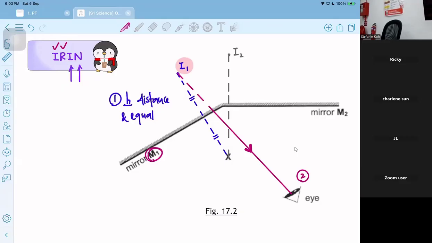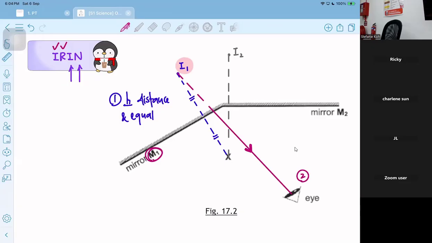It must hit mirror 1 first. It has to hit mirror 1 and reflect out into your eyes. So wherever it hits the mirror is wherever your reflected ray comes from. So it's from the object to this point where it hits the mirror and reflects into the eye.